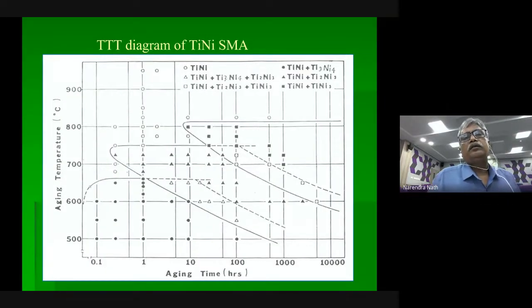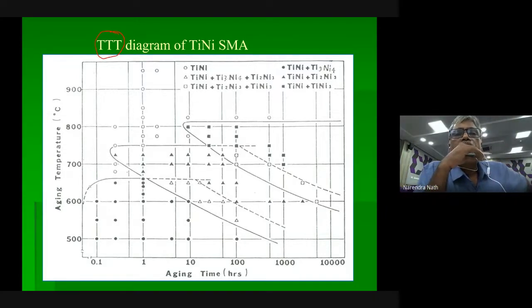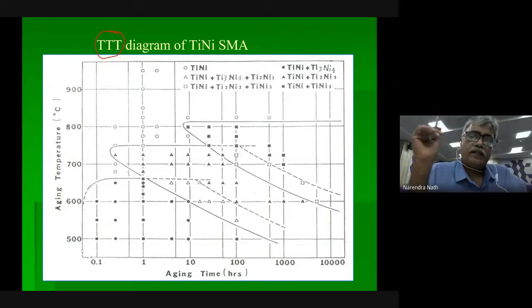And this TTT diagram, time, temperature, and transformation diagram. Why is it so important here? I will just explain in a minute or two. See, temperature versus time, aging time versus aging temperature.